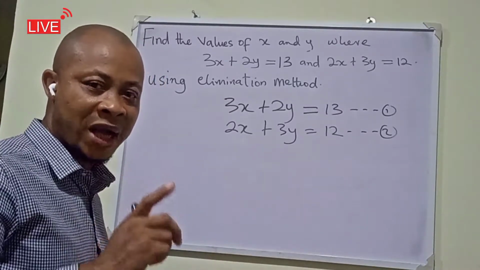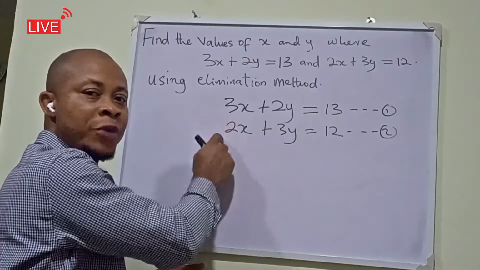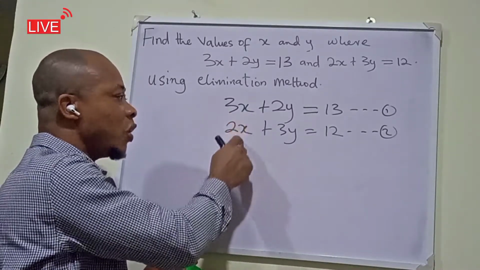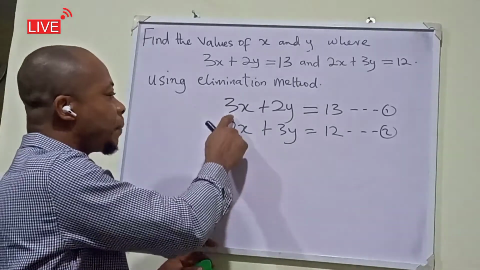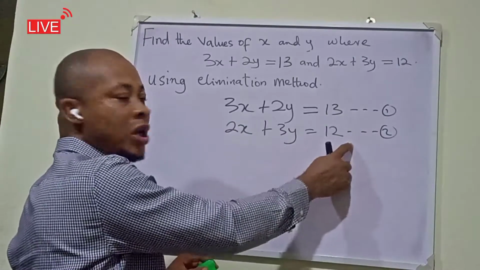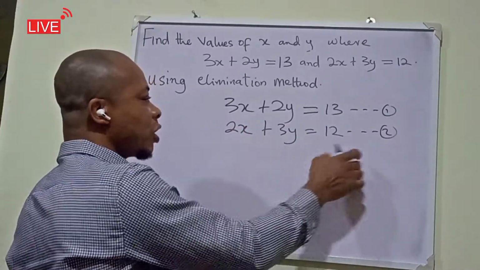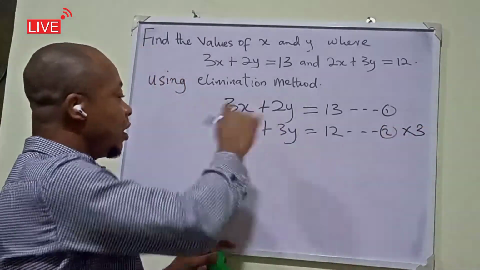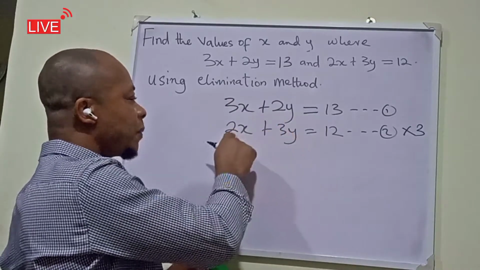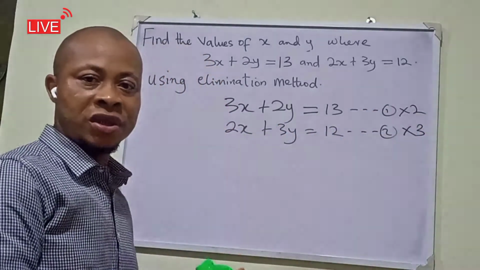So the first task is how to make these two coefficients to be equal, because we want to eliminate x. How to do it is to multiply the whole of equation 2 by the coefficient of x. So you just say the whole of equation 2 multiplied by 3, vice versa, the whole of equation 1 multiplied by 2. See how I did it?